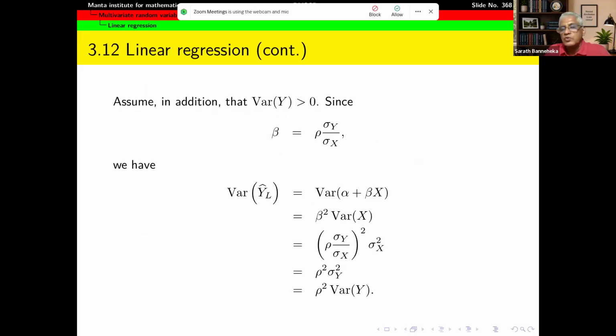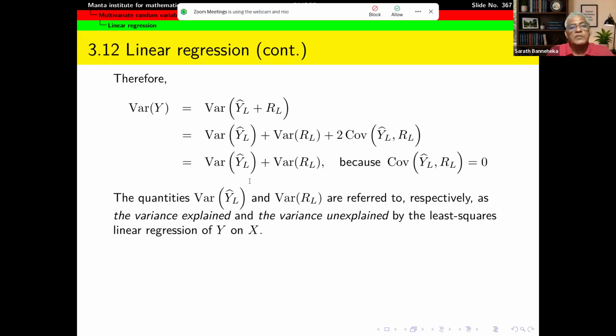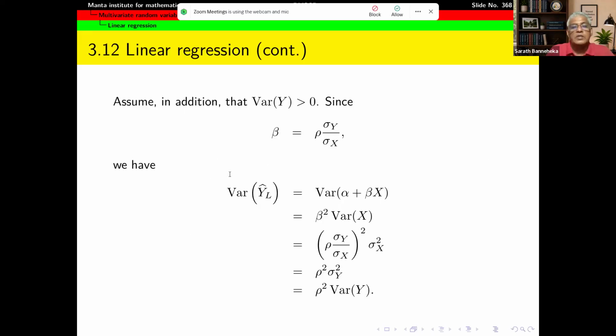Now, if variance of y is greater than 0, then since beta is equal to rho times sigma y divided by sigma x, we can write down from the previous expression, variance of y hat L, which is equal to variance of alpha plus beta x.